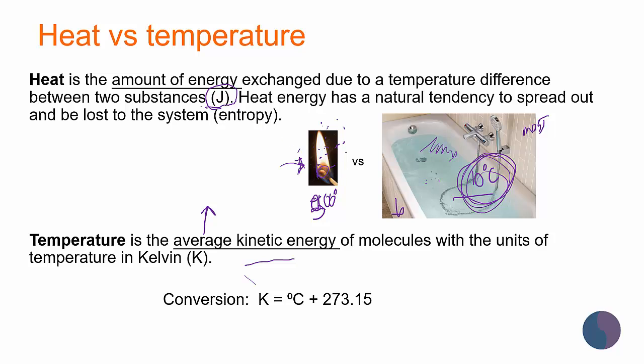Okay, so just remember, heat is the amount of energy something contains, which is related to how much mass there is. Whereas kinetic energy is just how fast the molecules are moving. Okay, so once again, the heat dissipates out very quickly, and that's because of entropy.